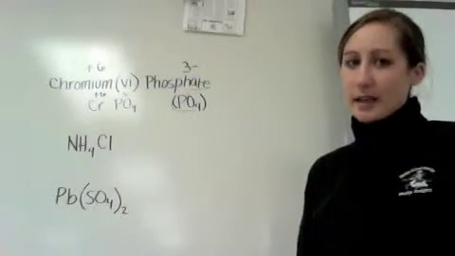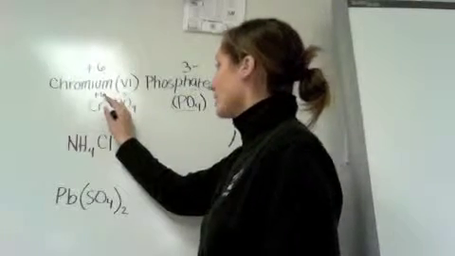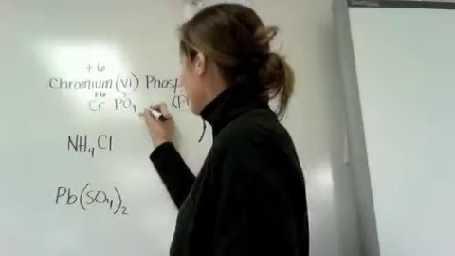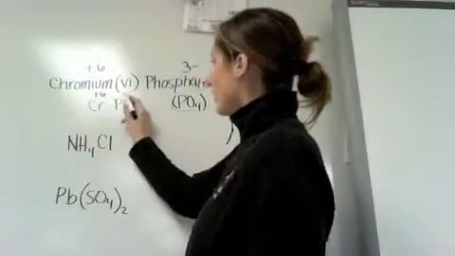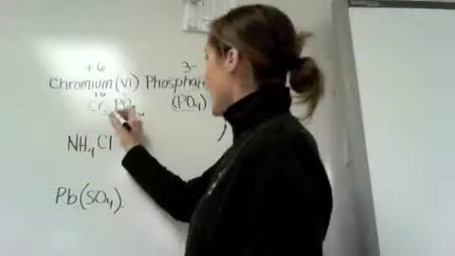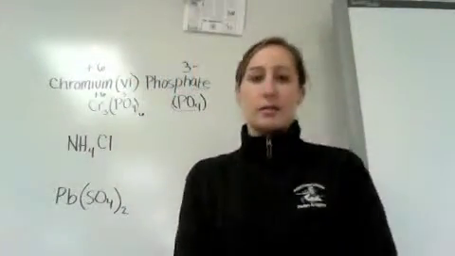Our little handy dandy trick was to crisscross our charges. So our 6 would go down here, our 3 would go down here, and I would have Cr3 (PO4)6.